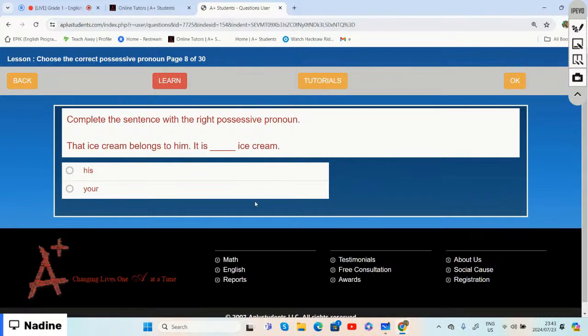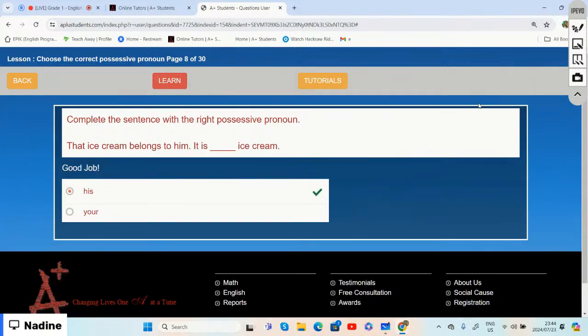If something belongs to him, then we can say it is his ice cream. And his is correct.